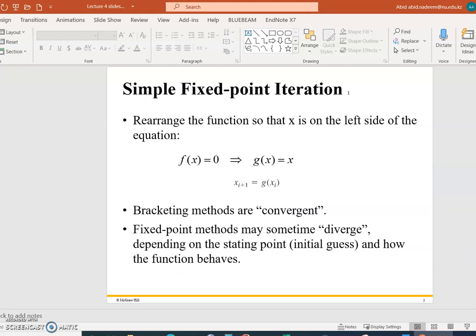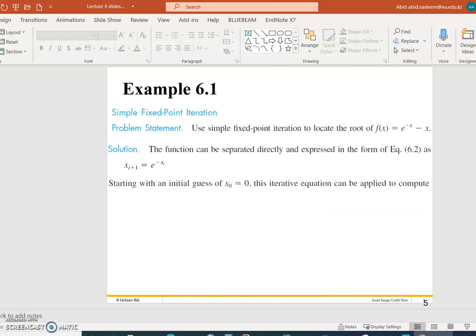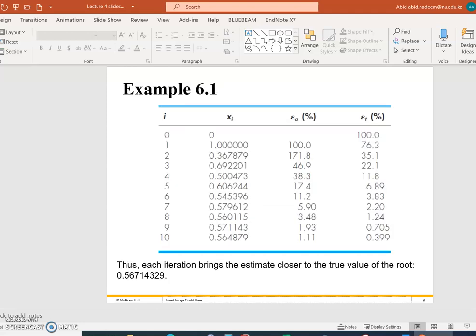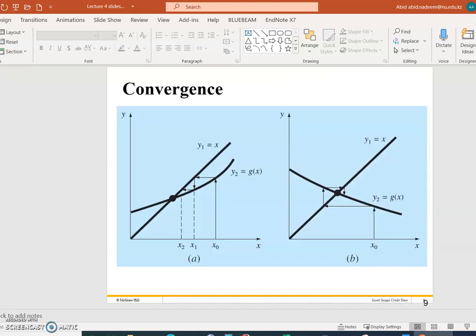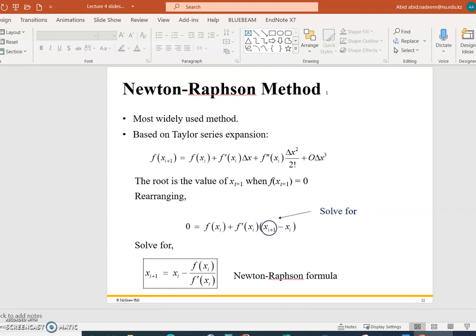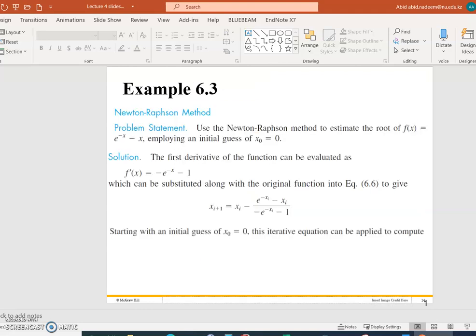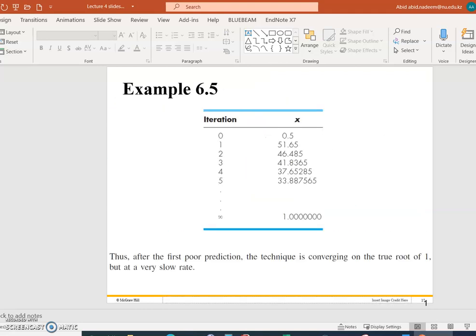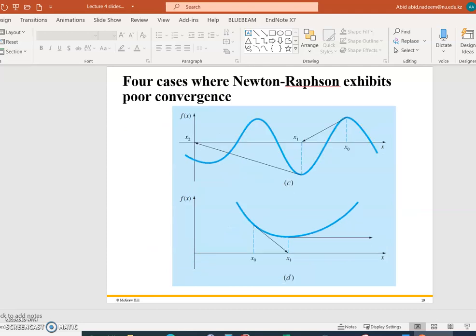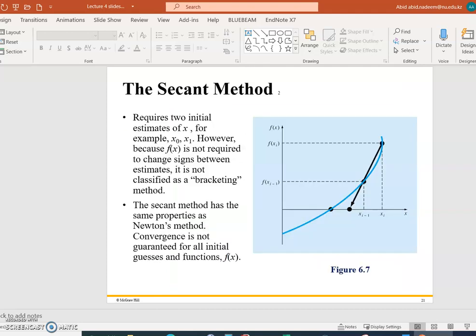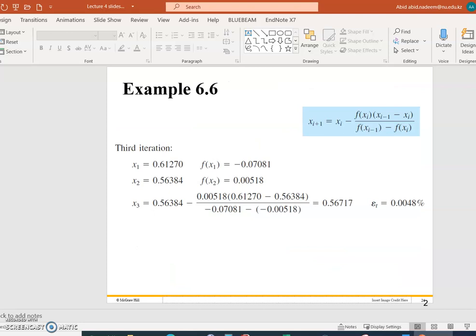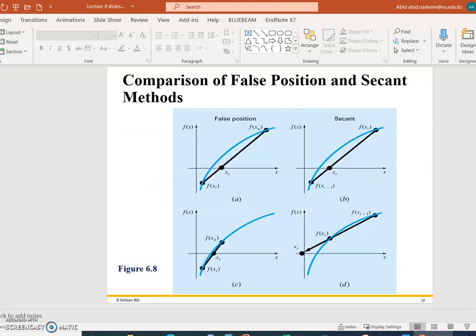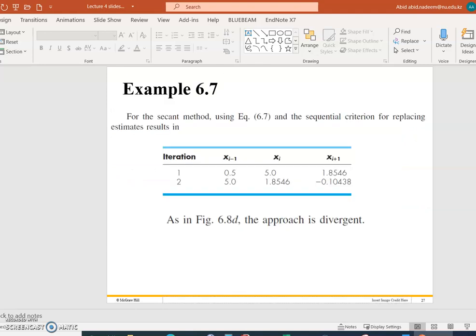We started from the simple fixed point iteration method, and then moved on to the Newton Raphson method, and then the secant method, and then the modified secant method, and then the comparison of the false position and the secant method.